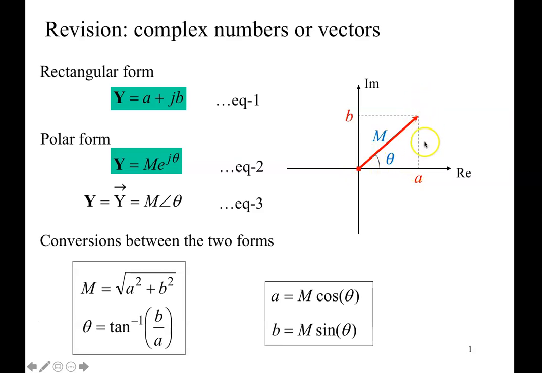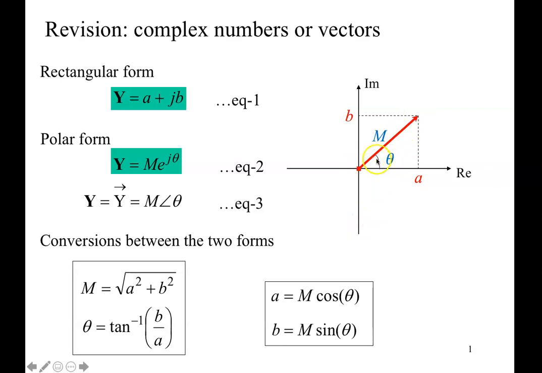Or you can actually go the other way around. If you project y onto the real axis, you get A. If you project y onto the imaginary axis, you get B. M is the distance between the point of origin to the end of the vector or the complex number.